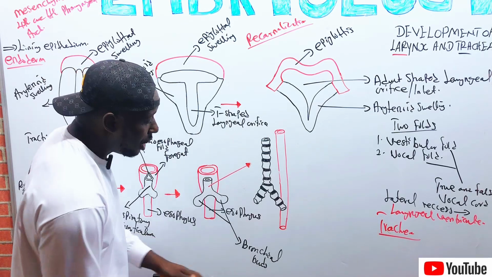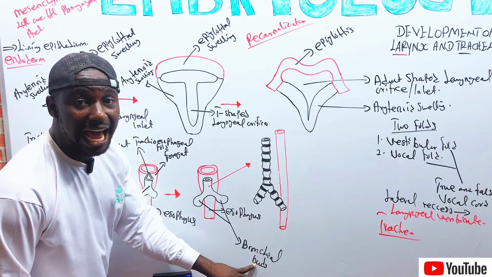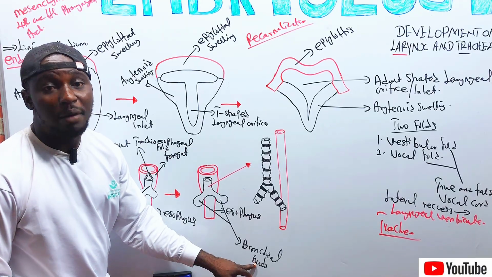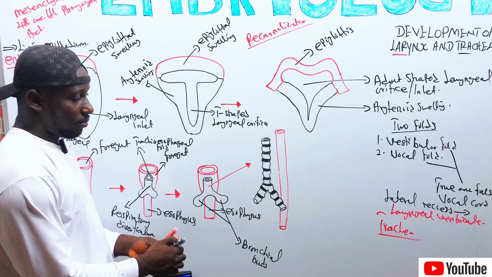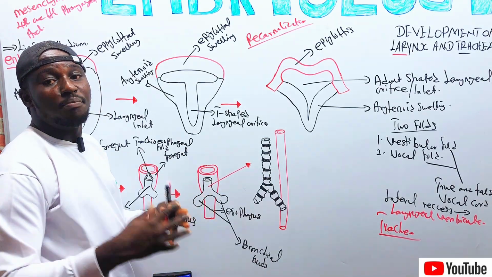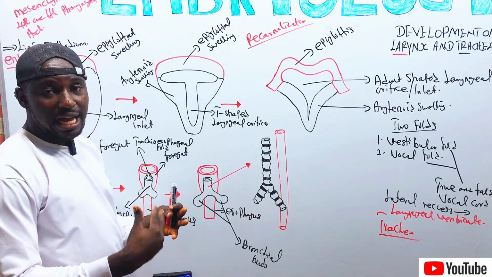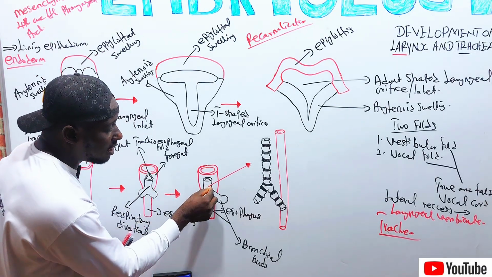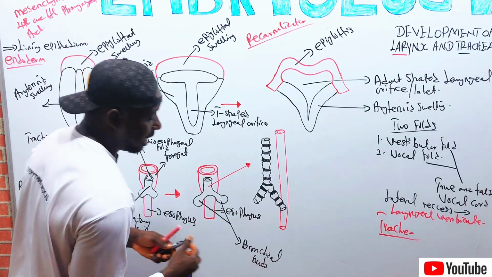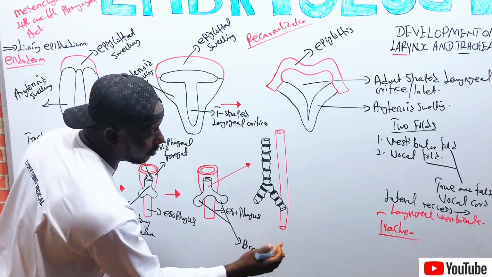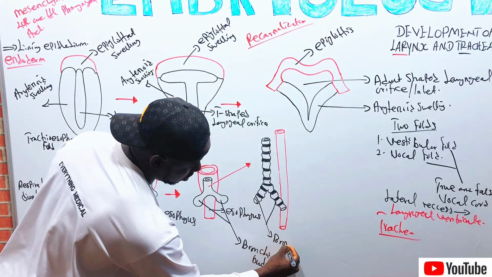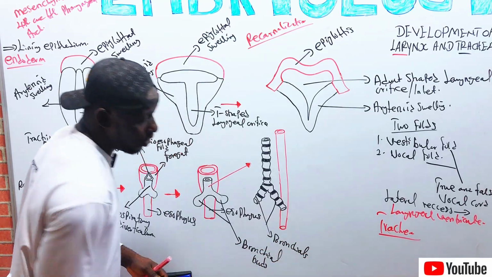Now, the bronchial bud gives rise to the bronchi and also the lung parenchyma, right? You can see this is the point of bifurcation, the division, which gives rise to the bronchial bud, right? So the bronchial bud gives rise to the bronchi.